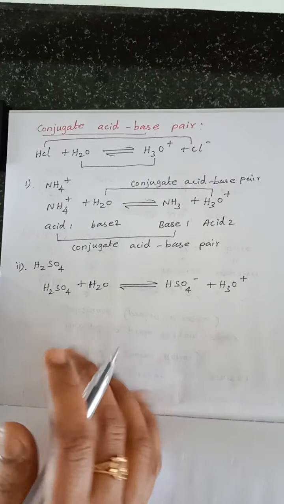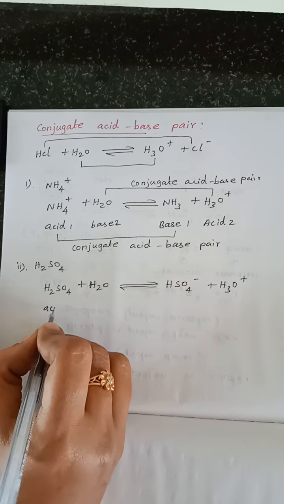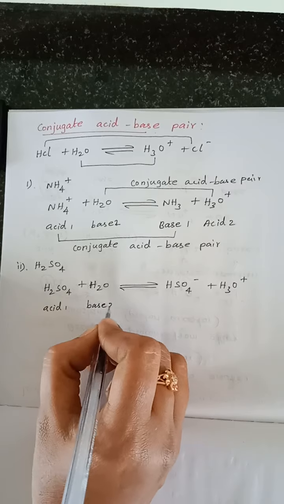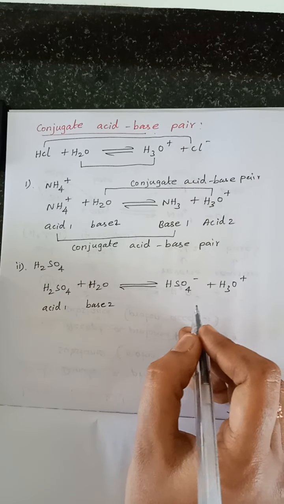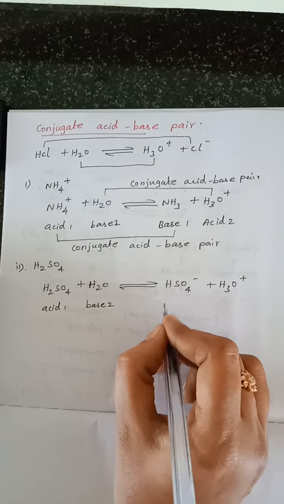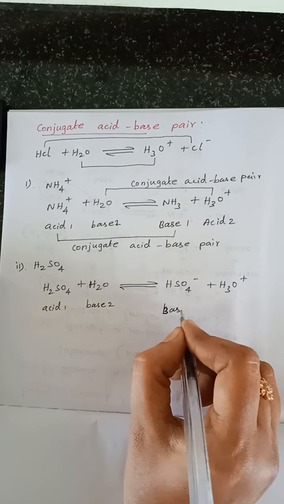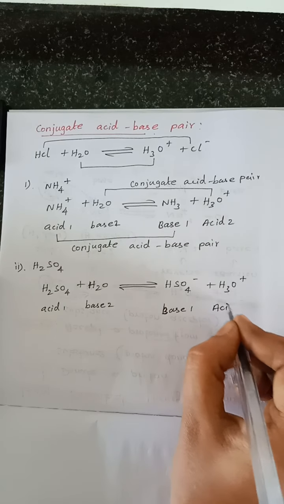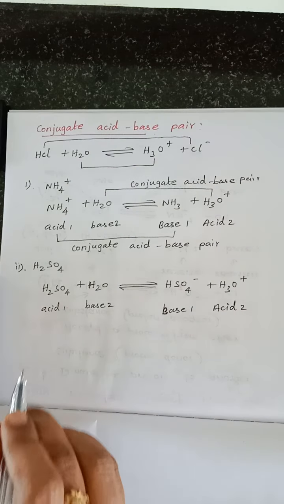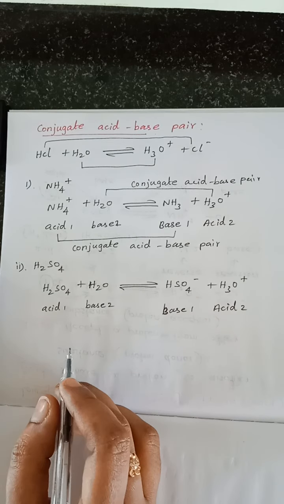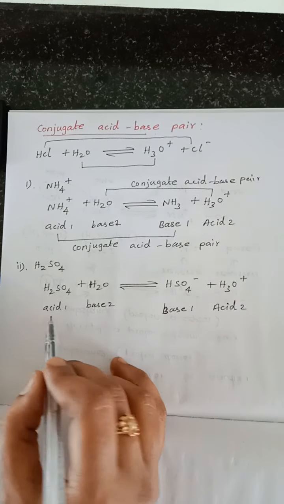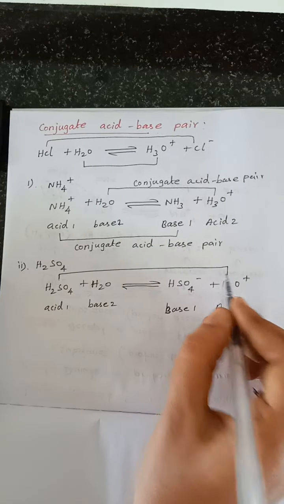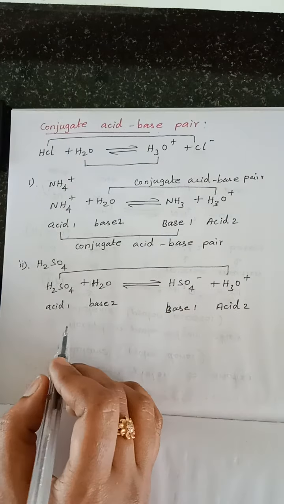So in this reaction, sulfuric acid is acid 1, then water is base 2. In the formation of HSO4-, HSO4- is base 1 and the hydronium ion is acid 2. So in this reaction, acid 1 to base 1 is one conjugate acid and base pair.